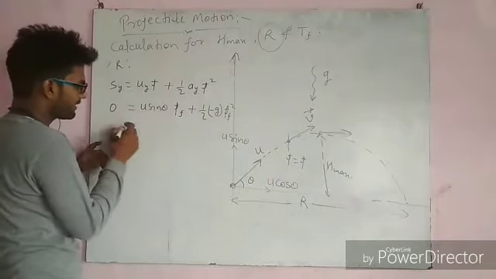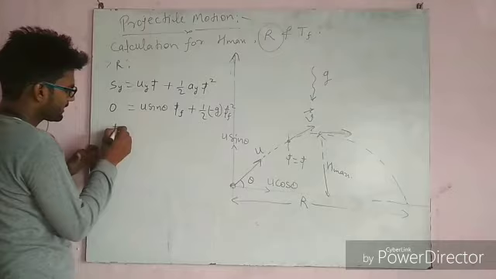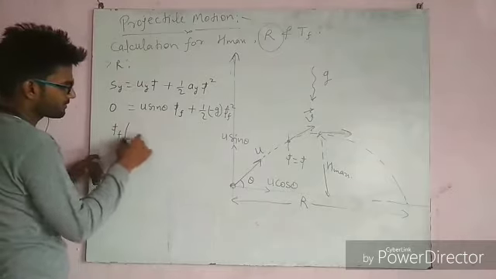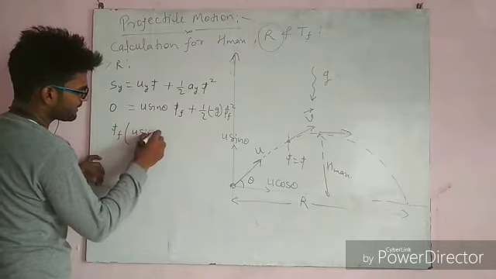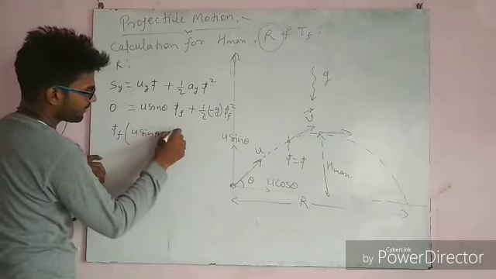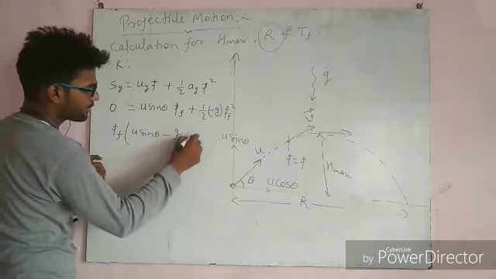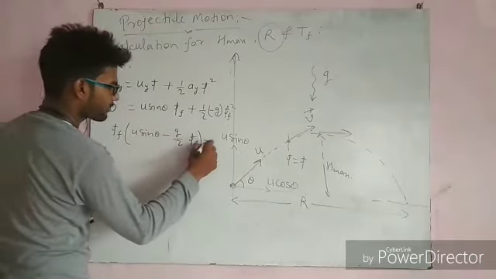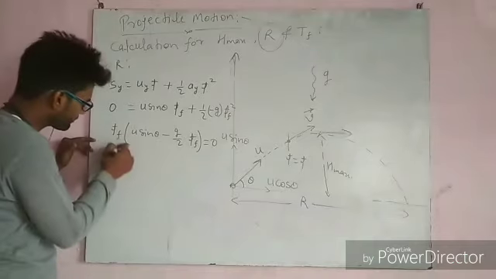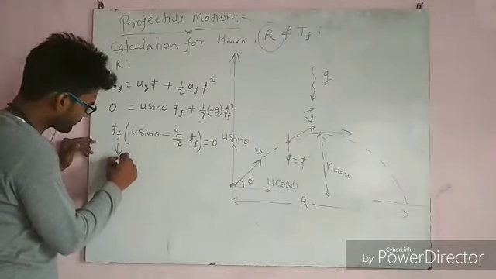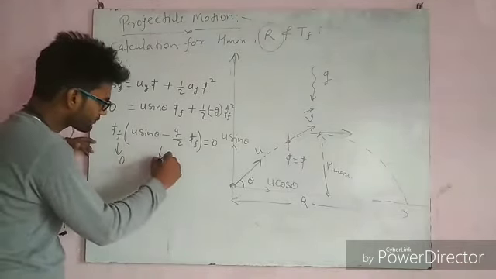This is a quadratic equation. So we take Tf common here. This will become Tf into u sin theta minus g by 2 into Tf, equal to 0. So from this equation we can get the roots. The first value is Tf equal to 0, and in the second, this term equal to 0.